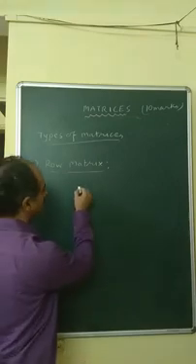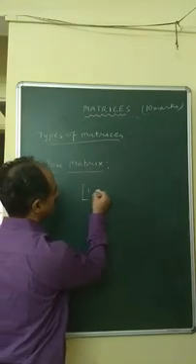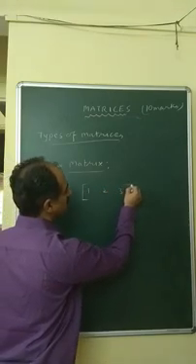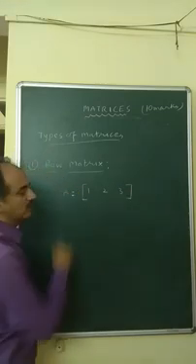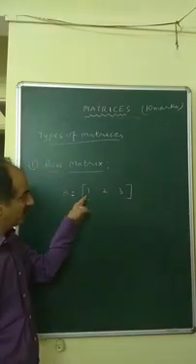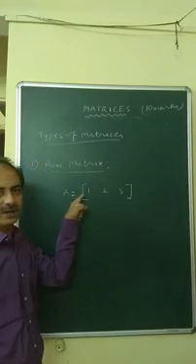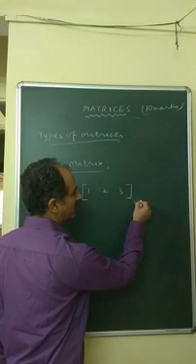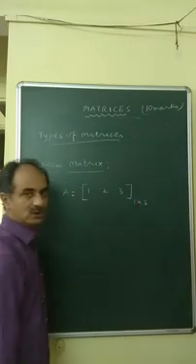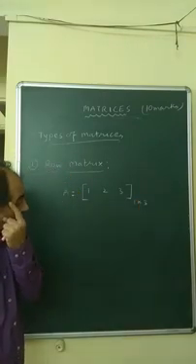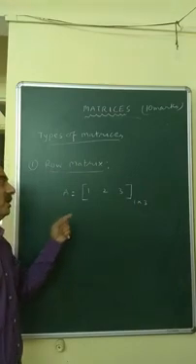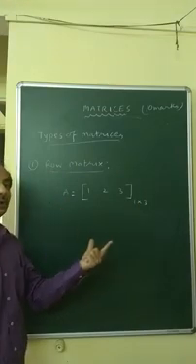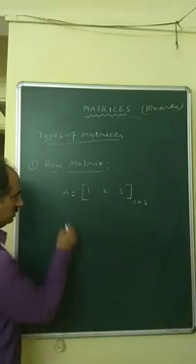For example, if you take this matrix A equals [1, 2, 3], this is a row matrix. It consists of only one row and how many columns? 3 columns. So what is the order of the row matrix? Here 1 cross 3. Now can you write a matrix which is a row matrix and consists of only 2 columns?